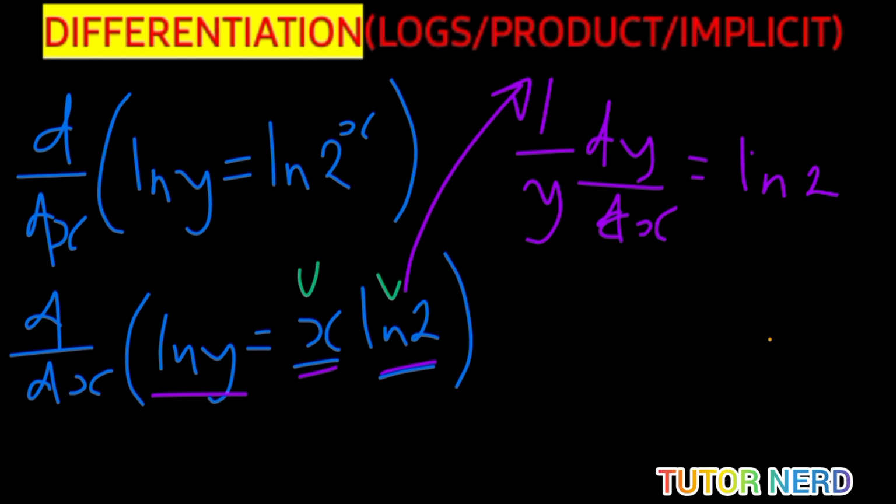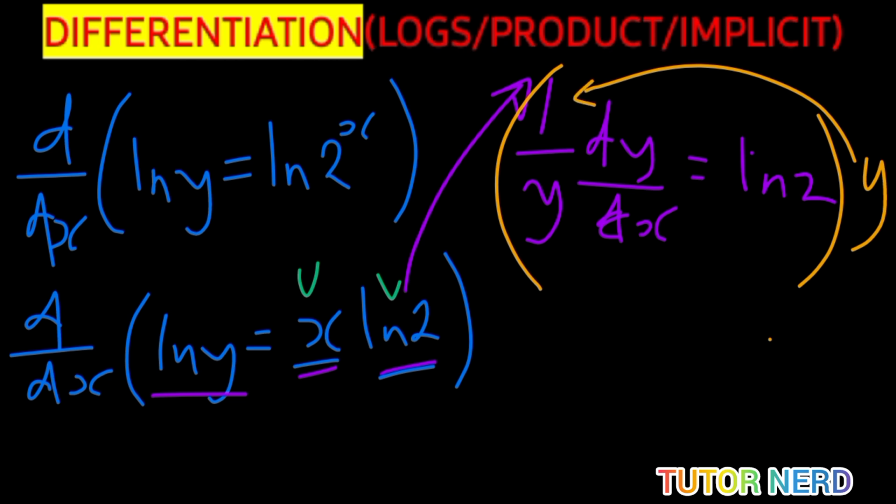So what we're going to do is multiply the whole of this by y. Why are we multiplying by y? So that y multiplied with that one gives the expression y over y, which is 1. This y will cancel, this y will cancel. We will remain with dy over dx.